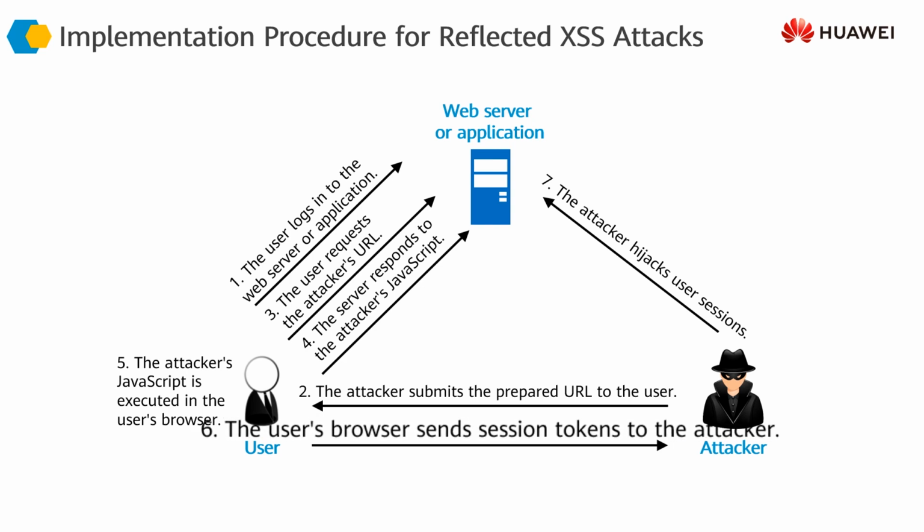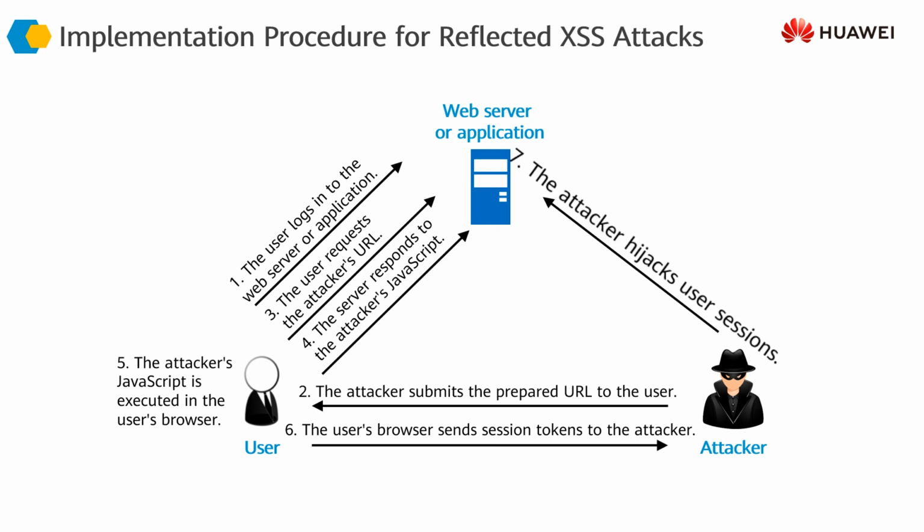Because the user's computer or PC has been compromised, the session token information or session ID information stored in the browser is going to be sent to the attacker, and using that session ID information, the attacker is going to hijack the user's session, because now the attacker knows the session tokens which were sent to the user by the server.